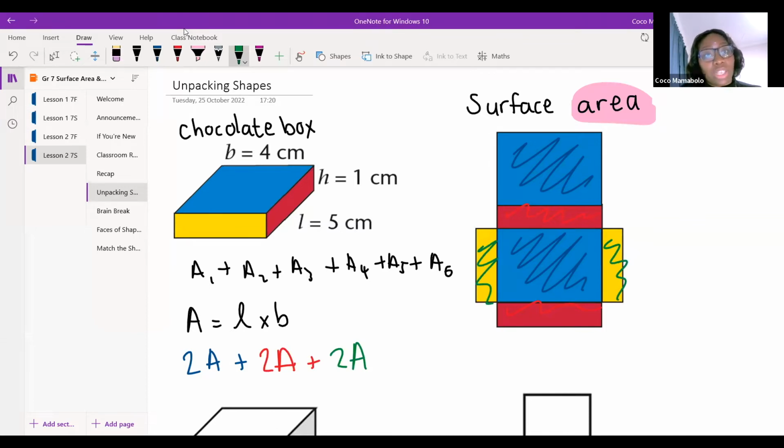And then I can calculate them. Okay, and the reason why I don't want you guys going around and learning formulas, especially for this, is because what happens when I have a shape that looks like this? Then what? And then that long formula that you've learned.